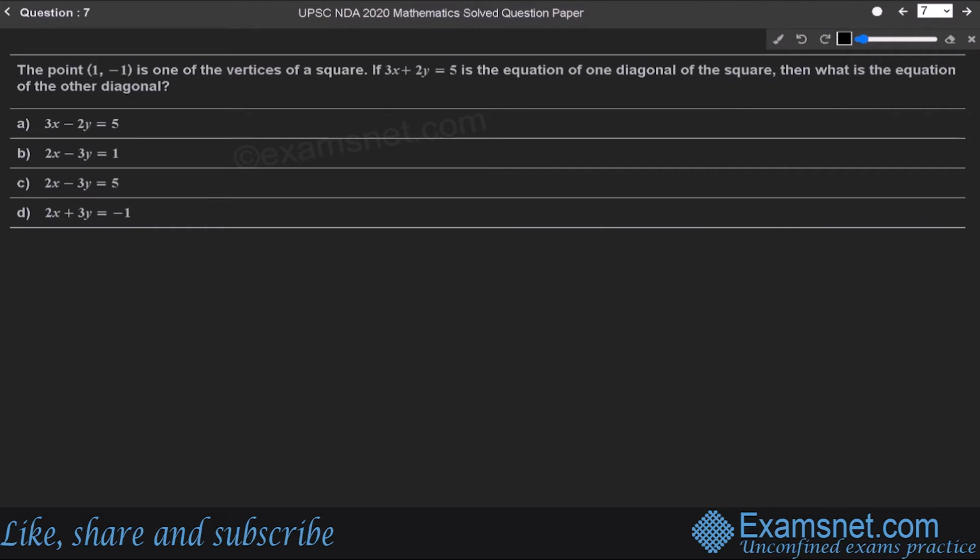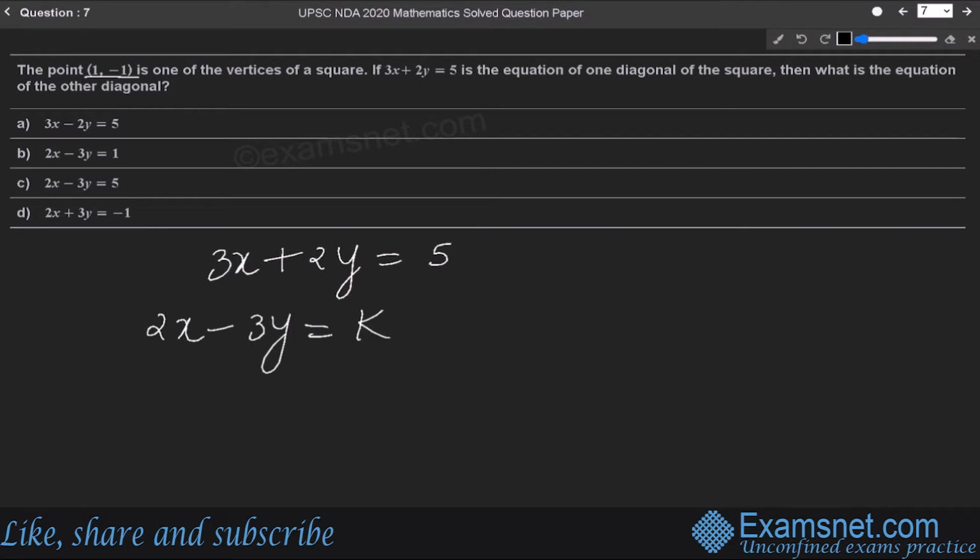We know that the diagonals of a square bisect each other perpendicularly, and the equation of diagonal is 3x plus 2y is equals to 5. It is given. Now, it is the equation of one diagonal of a square. So, the equation of the other diagonal, that is perpendicular to the given diagonal, will be 2x minus 3y is equals to k.